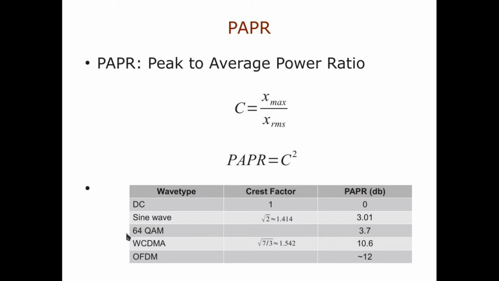Now going to 64 QAM, or the quadrature amplitude modulation, we get a slightly greater PAPR of 3.7 dB. When it reaches WCDMA, or the wideband CDMA, which is essentially what is used in our 3G systems, the PAPR rises to around 10.6 dB.